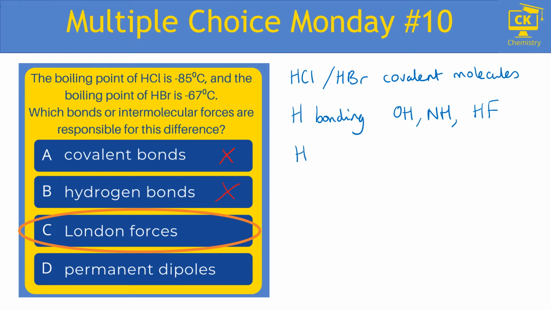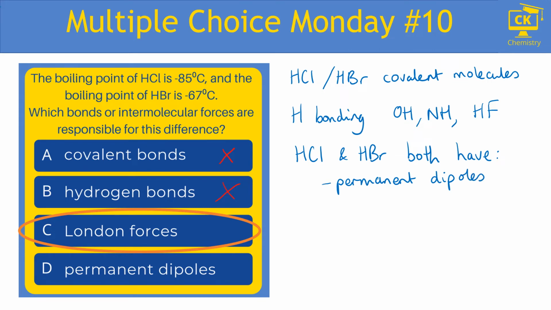Now, HCl and HBr both have two types of intermolecular force. So they both have permanent dipoles because they both have permanent dipole bonds. They have a delta plus on the hydrogen and a delta minus on the bromine or the chlorine.